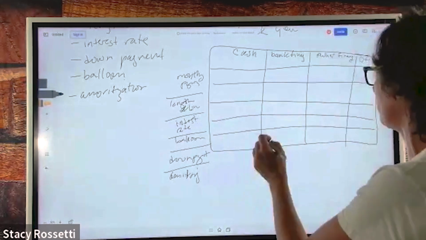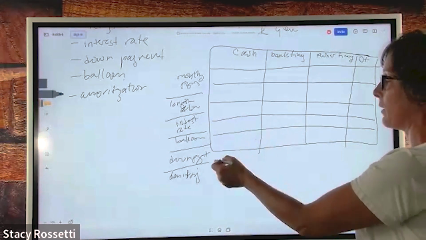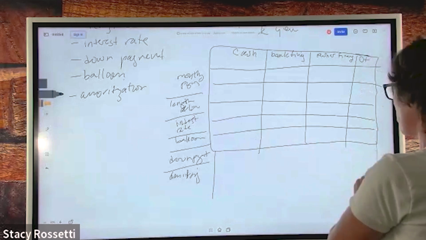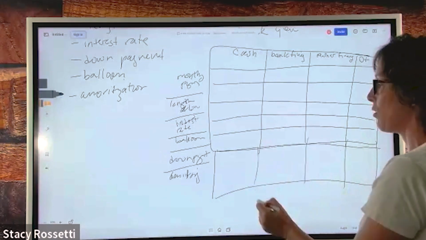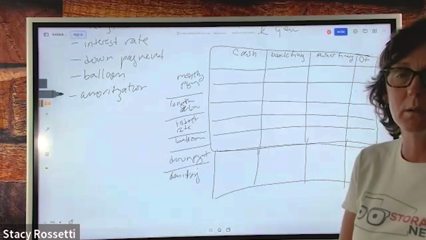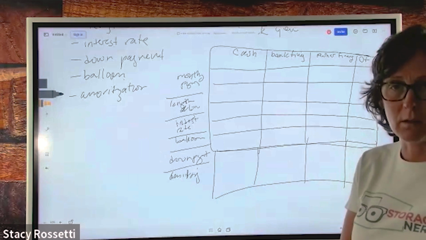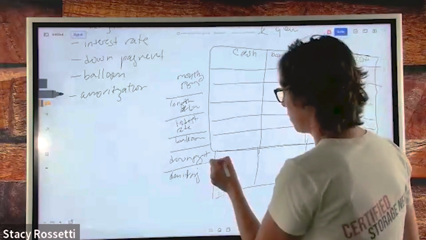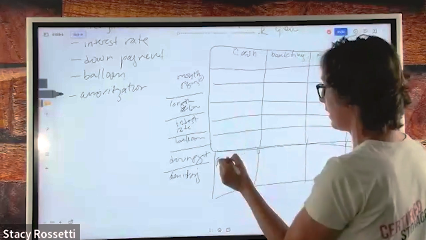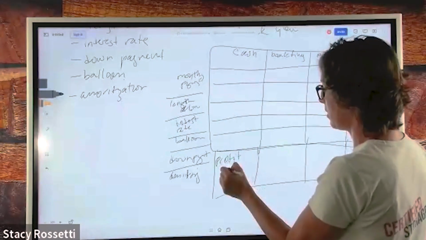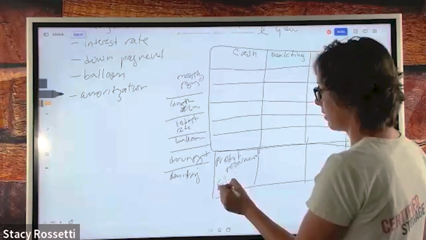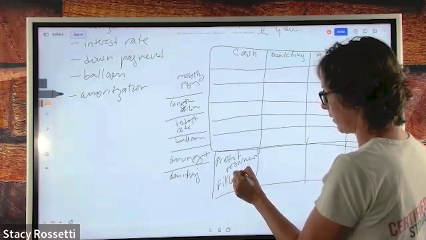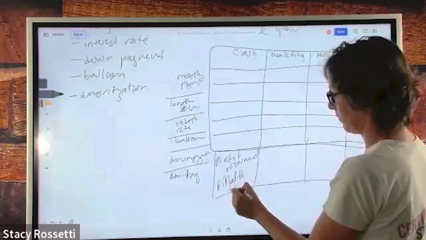That's what you want. And then down here, this section right here on your tab, this is the most important part of the deal. This is the profit for each deal. It's the profit to the owner and the final number total.